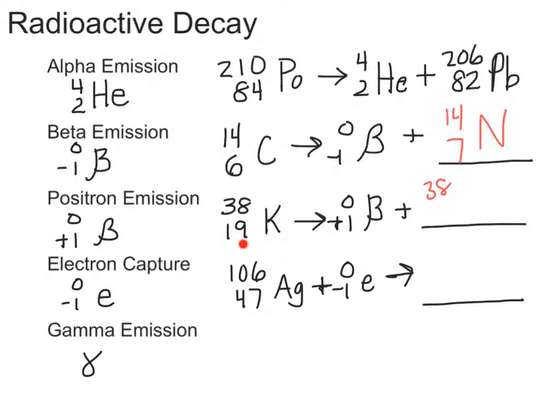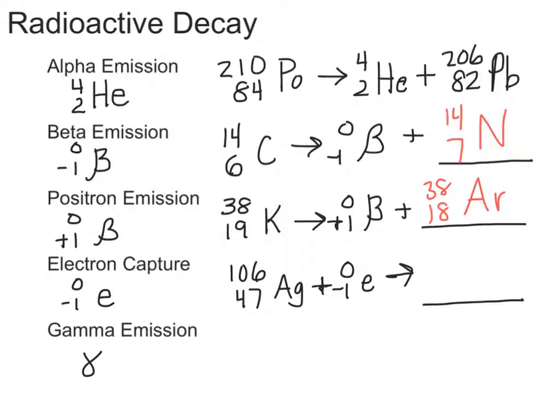We start with a charge of 19, and because we have a +1 on the product side, we need to end with a charge of 18. 18 plus 1 is going to equal our charge of 19. And when we look 18 up on the periodic table, we see that that element is argon. So when potassium-38 undergoes positron emission, it is going to end up creating an argon-38 atom.